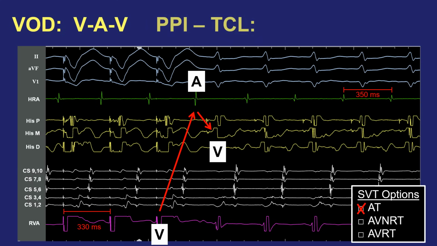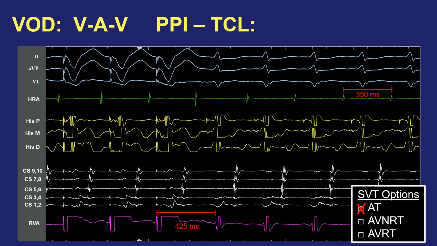And let's now think about that post-pacing interval minus tachycardia cycle length comparison. Here's the post-pacing interval from the pacing location on the RV apical septum, the last paced beat to the first electrogram in that same electrode pair. It's 425 milliseconds. And as we do this math, the post-pacing interval minus the tachycardia cycle length, in this case, is 75 milliseconds, shorter than that 115 millisecond cutoff.